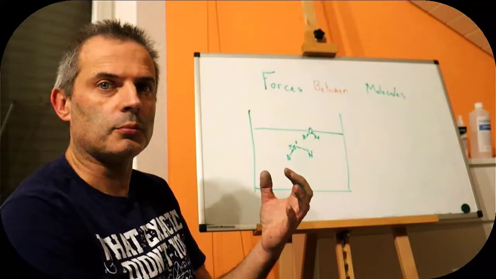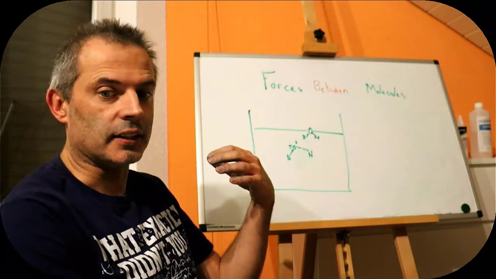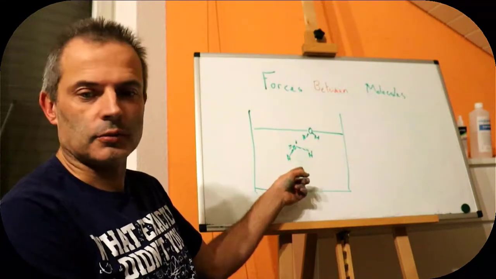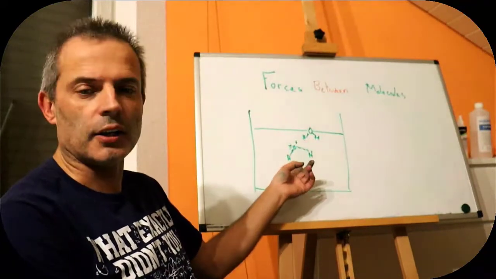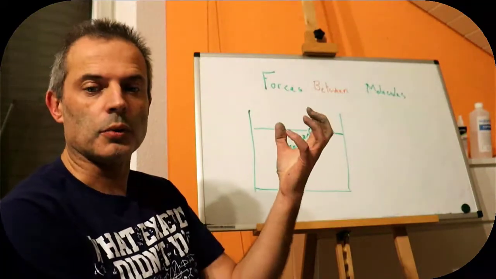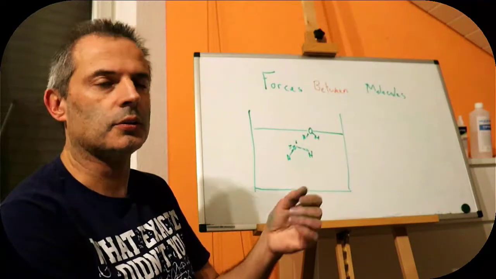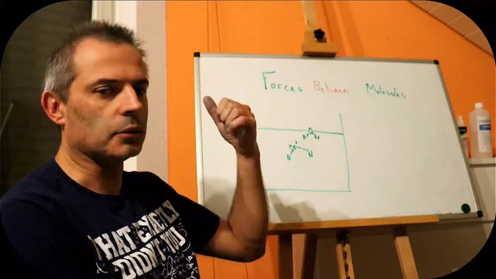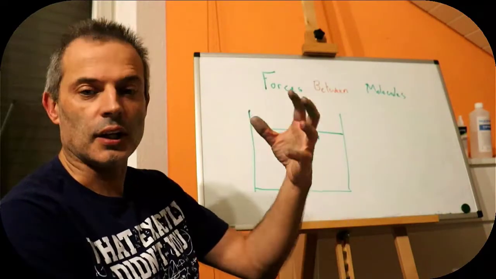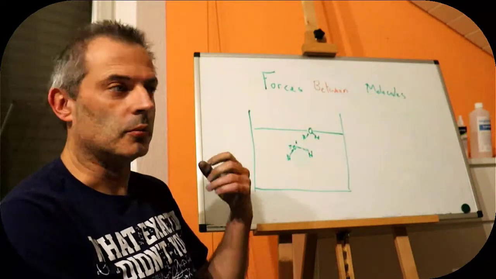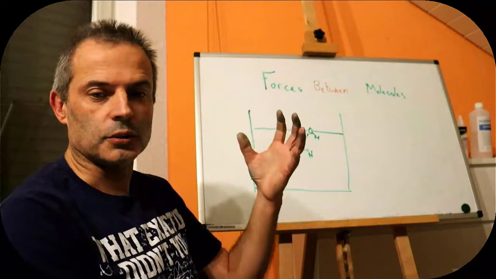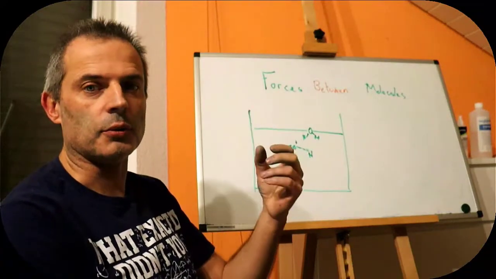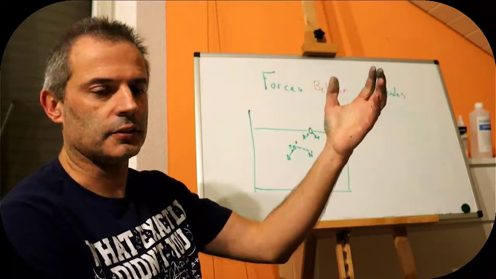This leads us to an emerging property of matter, that when we get to the end of a contiguous material, something weird happens. So if we're in the middle of our water, the water molecules are surrounded by other water molecules, and they're doing hydrogen bonding, and they're doing dipole-dipole interaction, and they're doing van der Waals interaction with each other, and that causes them to have a lower energy than they would otherwise have in the gas phase.